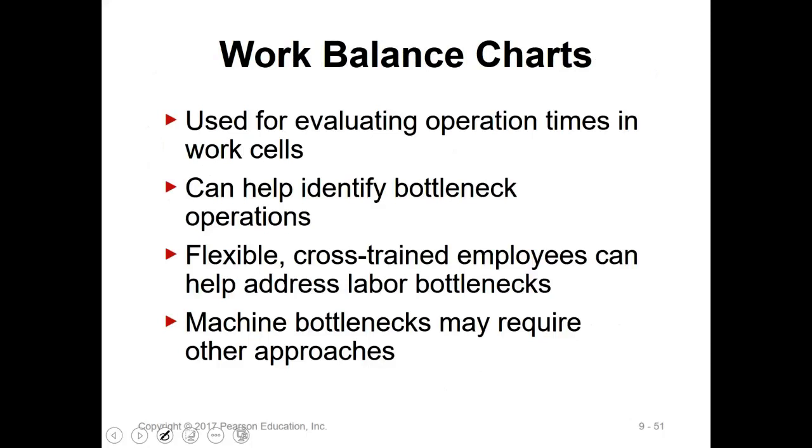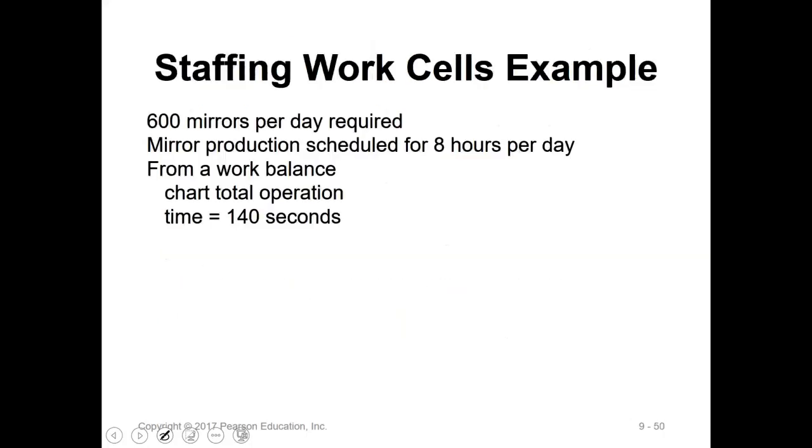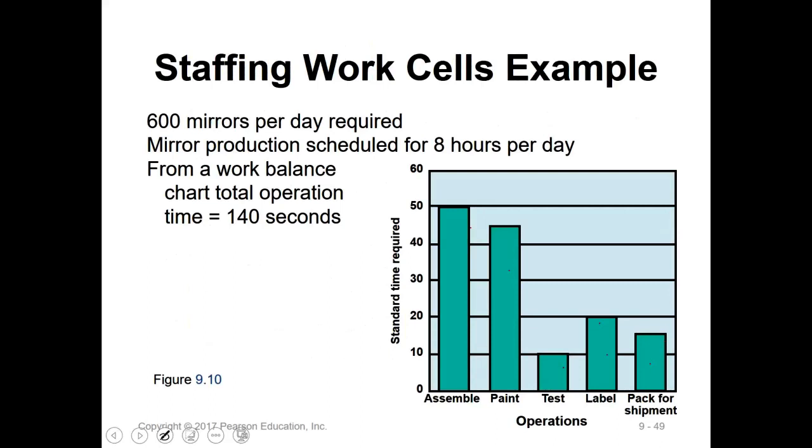What is balancing? If you look at this chart over here, we have some of the processes: the assembly process, you need 50 seconds. However, the testing process, you only need 10. That means if one worker is on assembly and the next worker is on testing, the testing person can use a lot of time just drinking coffee and watching their cell phone.